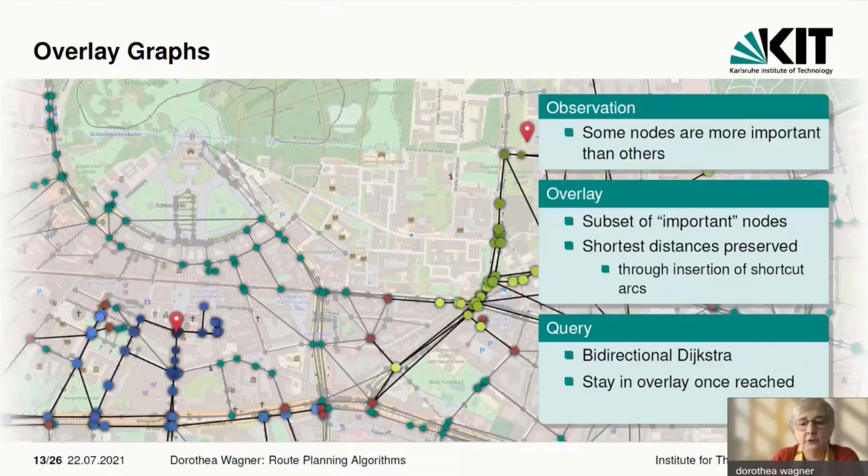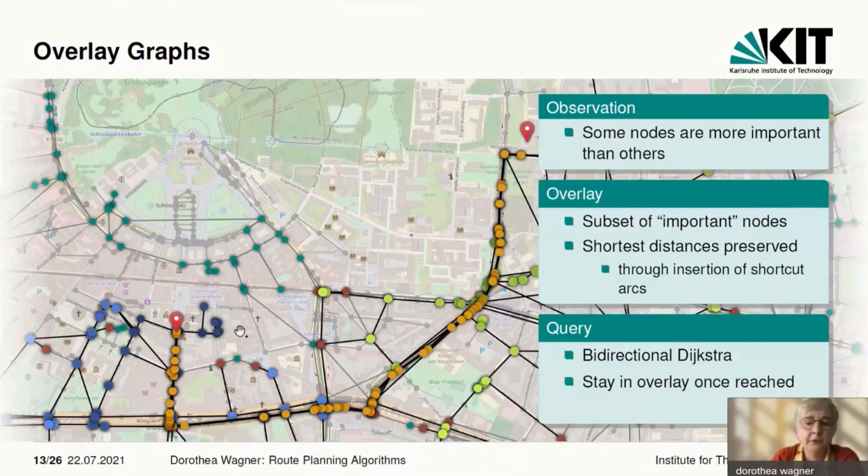Here, the search would look like this, which means the search space is, compared to the search space of the original Dijkstra algorithm, much smaller, much sparser. Of course, when we have found the shortest path in the overlay graph, we then go back to the original graph and unpack the original shortest path.